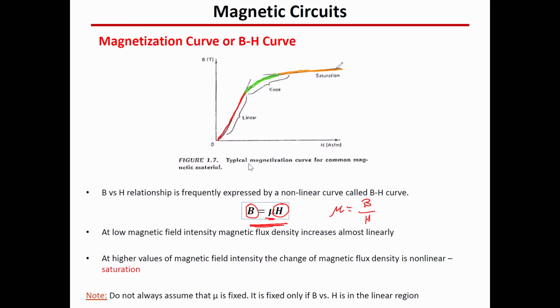So even if you keep increasing H, the increase in B will be very minimal, as you can see here. It's almost constant, meaning that if you keep increasing H, B will be constant. You remember B is the magnetic field in unit area.